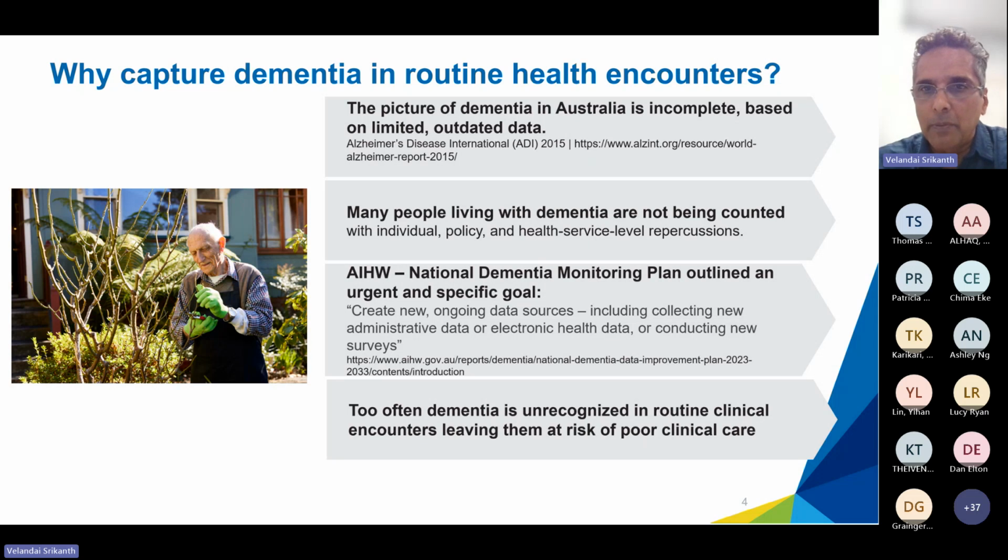We know that many people living with dementia are not being counted in prevalence estimates, and the Australian government has made national dementia monitoring a fairly urgent and specific goal. We also know that when people come into hospitals, dementia is often under-recognized in routine clinical encounters, and that leaves them at risk of poor clinical care.